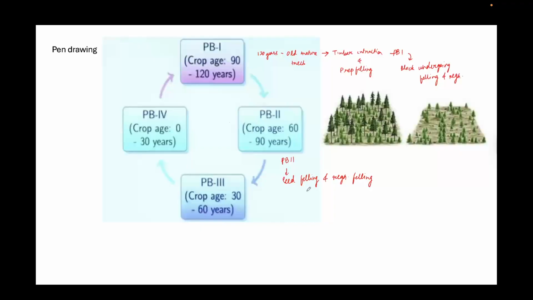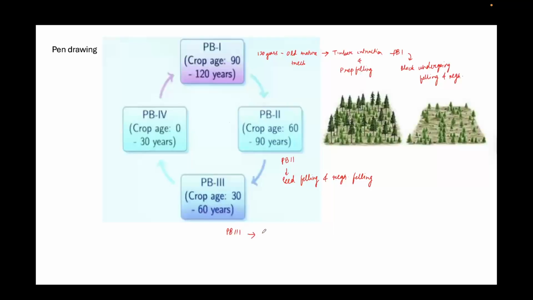The trees that were left behind are producing seeds, and the regeneration is going on. So the trees that were in the PB1, block 1, enter the periodic block 2, where they will be left for seed felling and regeneration felling. And then after the age of 30 years, it enters block 3.